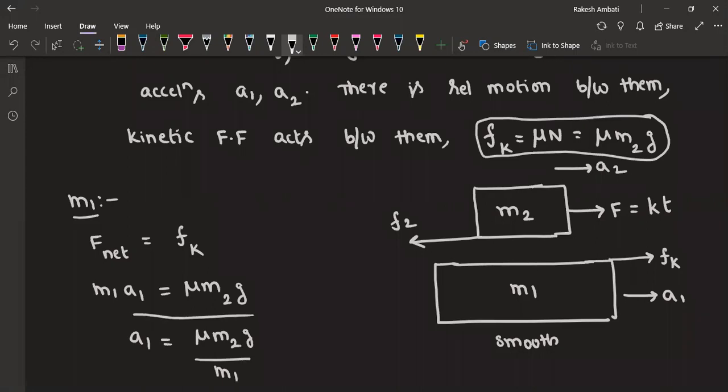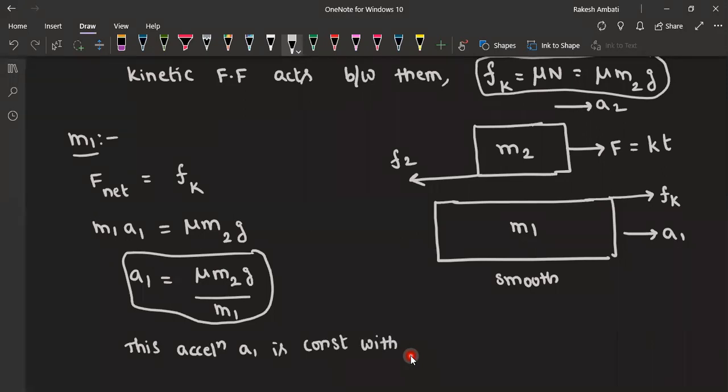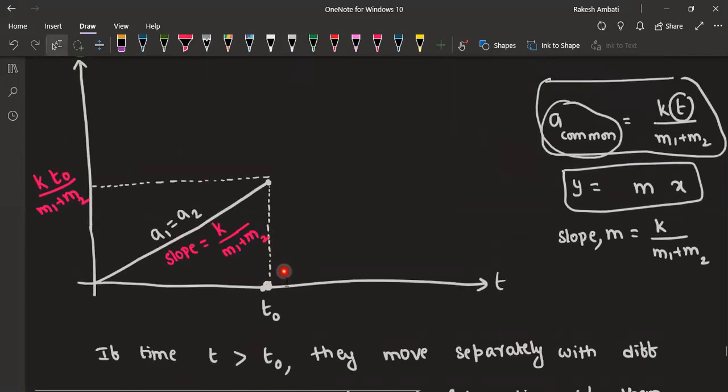Now please answer, is this acceleration dependent on time or independent of time? Independent of time. Independent of time means it is constant with time or changes with time? Constant with time. So this acceleration A1 is constant with time, and the time is t less than t naught or t greater than t naught? T greater than t naught. So coming to the graphical section, here I'm taking t greater than t naught.